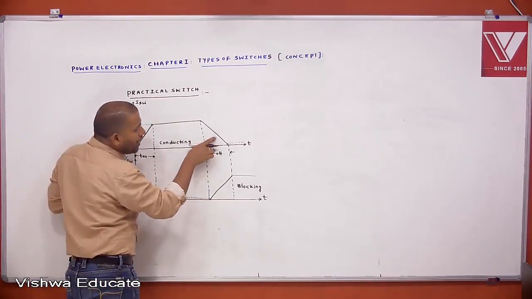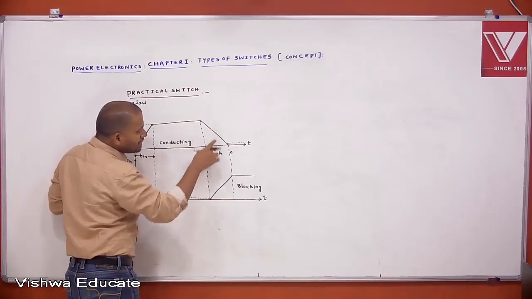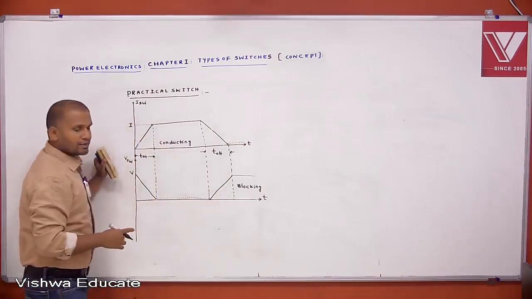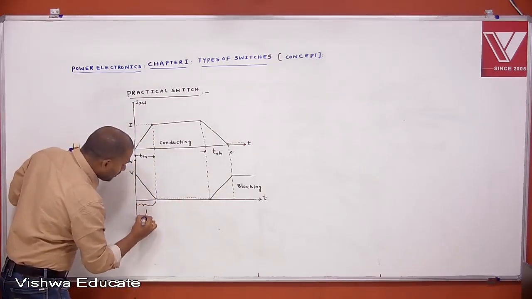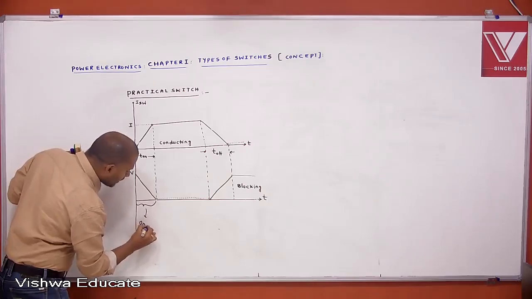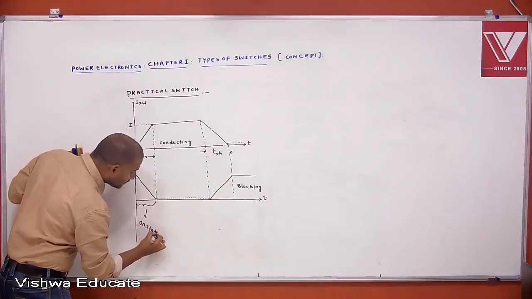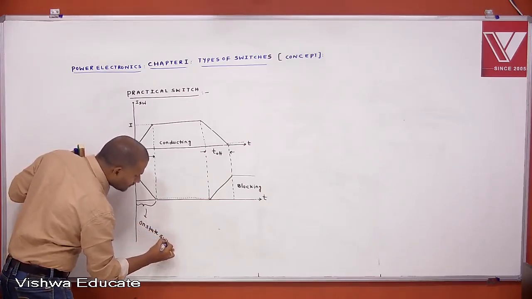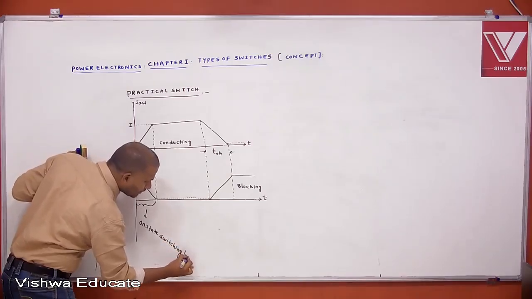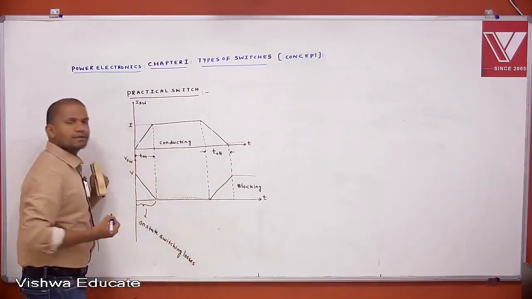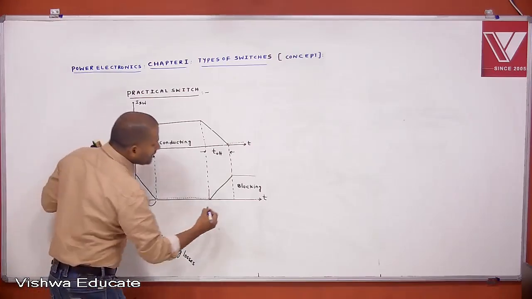During turn off of the switch also, both current and voltage exist. In this region, on state switching losses take place.